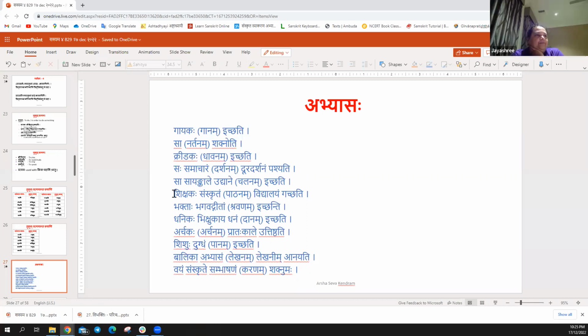Suraksha Mahodaya. Bhaktaha Bhagavad Gitam shravanam ichanti.